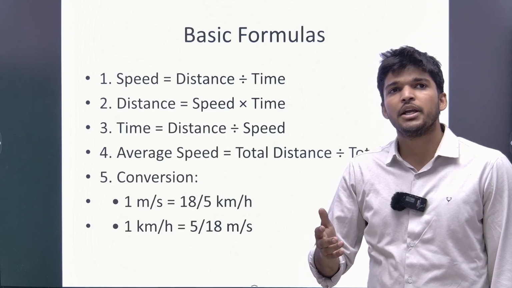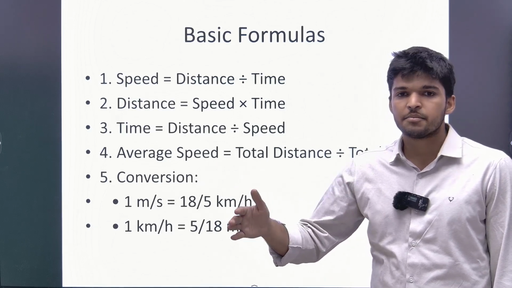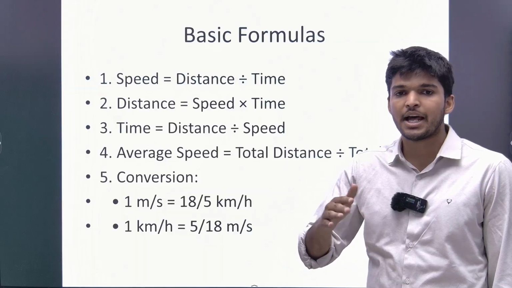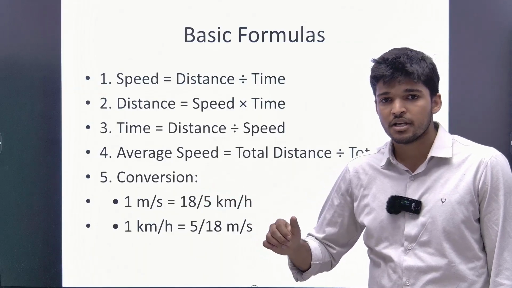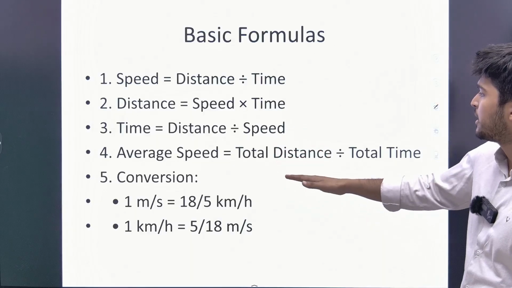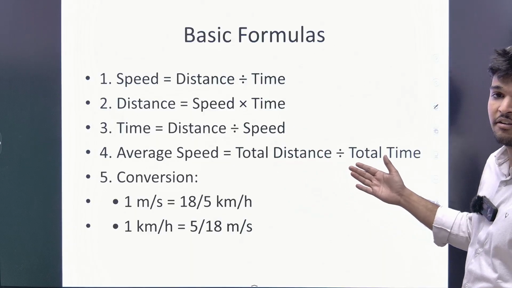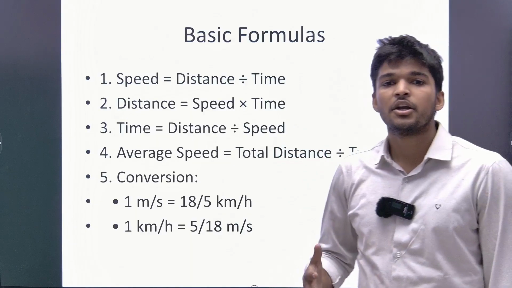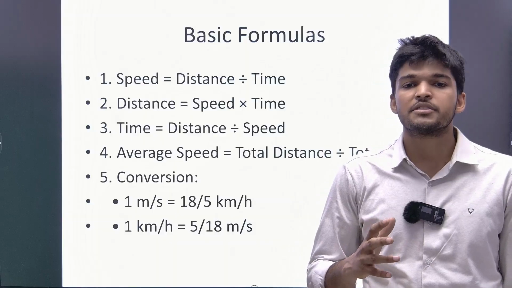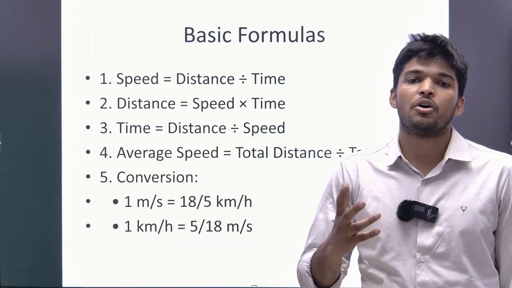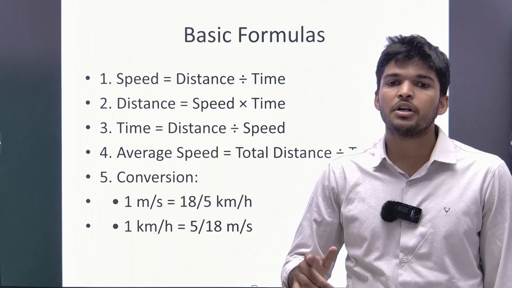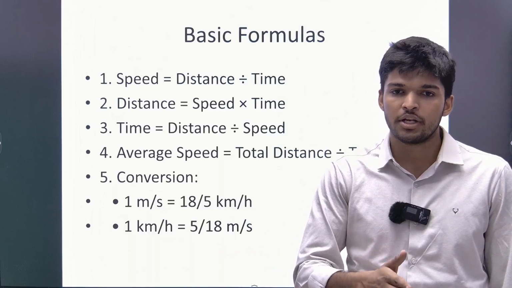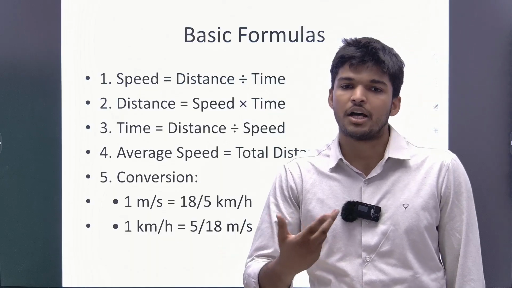When we have to calculate the entire speed during the coverage of the distance, we use this formula that equals total distance divided by total time. That is total distance which the body or the person or the object covered, divided by the total time taken by that body, that object, or us.